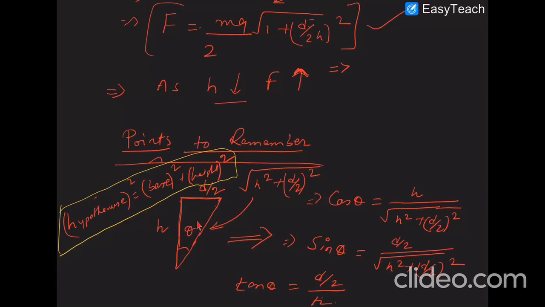Once you find all the dimensions, you can calculate cos theta, sin theta, or tan theta. Cos theta will be base by hypotenuse. Sin theta will be perpendicular by hypotenuse. Similarly, tan theta will be perpendicular by base. So these things you have to remember.